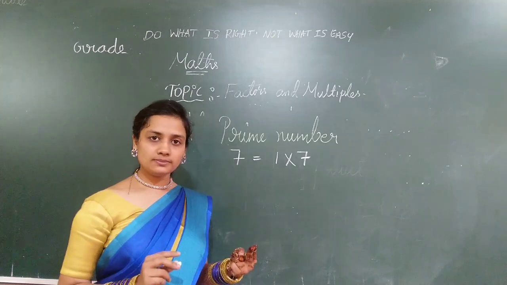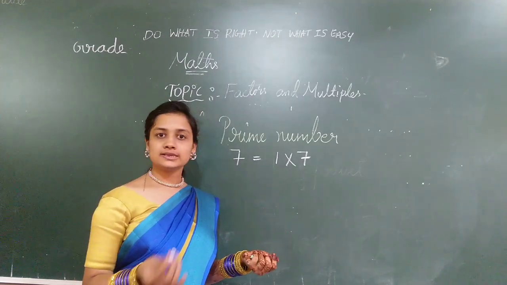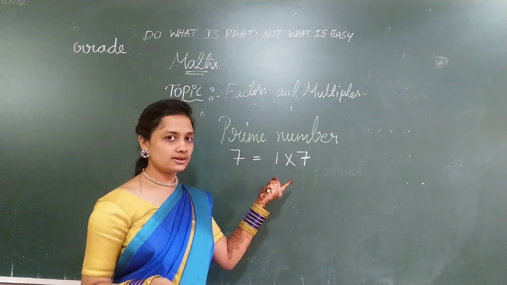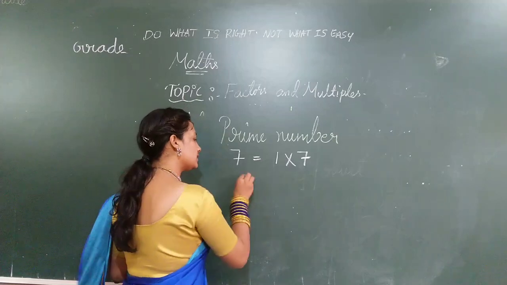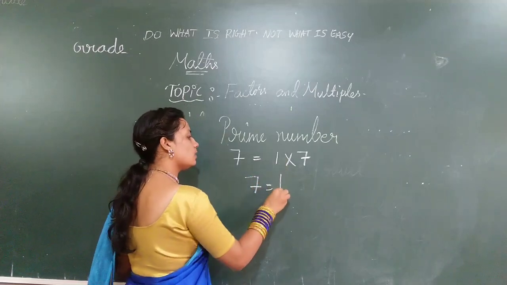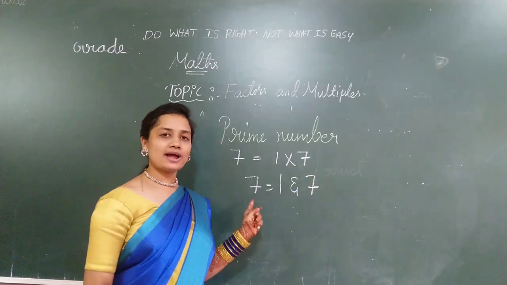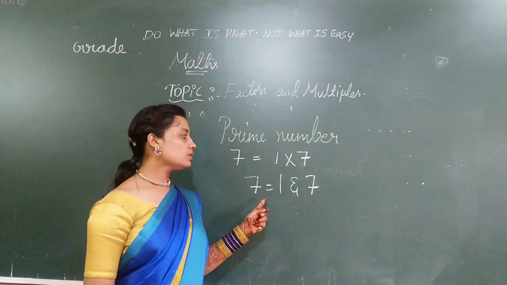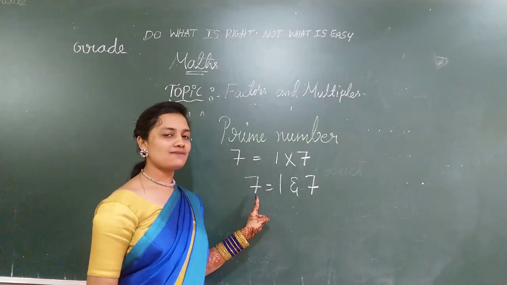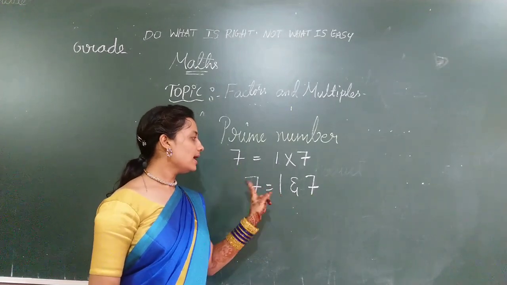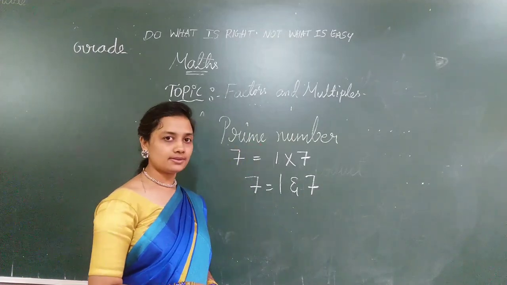Can you see it in the 2, 3, 4, 5, 6 tables? No, 7 is already here. So let us stop. The factors of 7 are 1 and 7. Only these two are the factors of 7. So you can see 1 and the number itself.